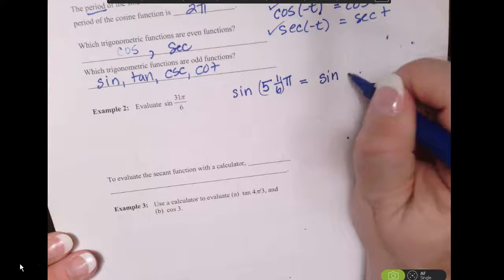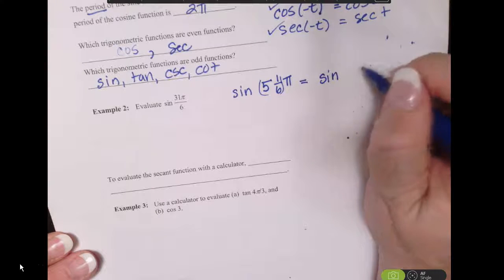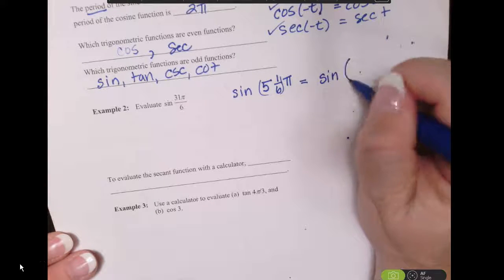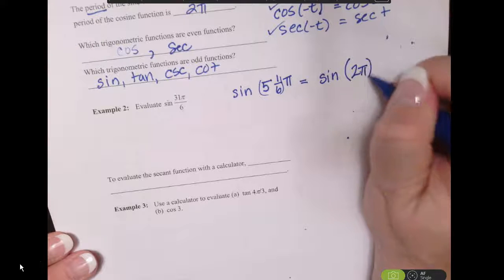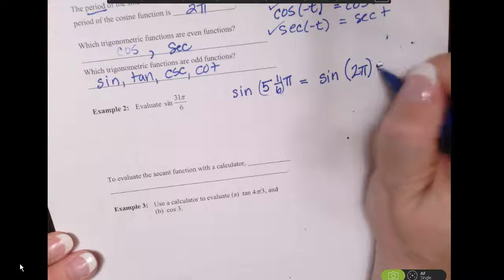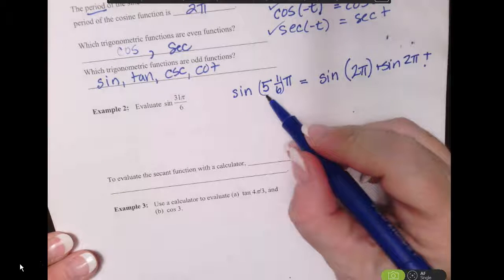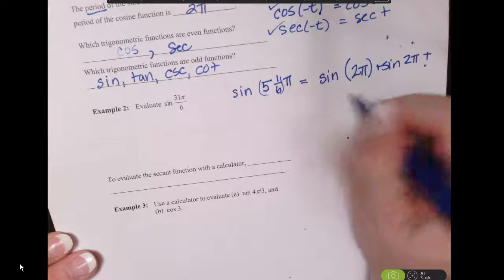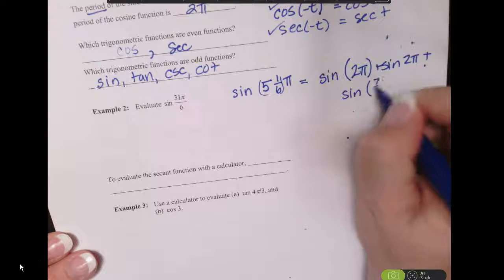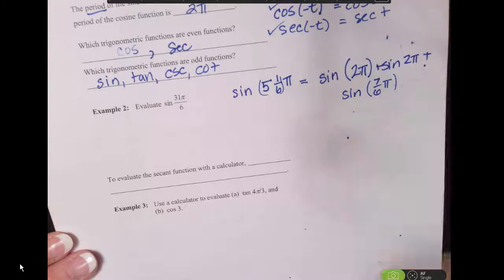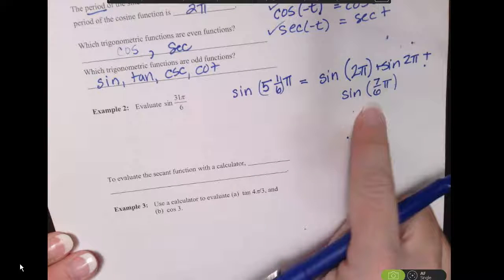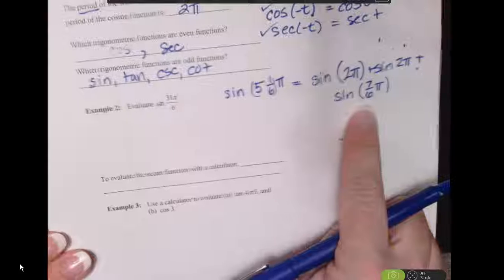and the sine of 2 pi is 0. So I want to take that number and I want to think of it as the sine of 2 pi plus the sine of 2 pi plus, and now we've got 7/6 pi left over. So what I've just done is subtract out whole circles and get to where I can see the reference angle.